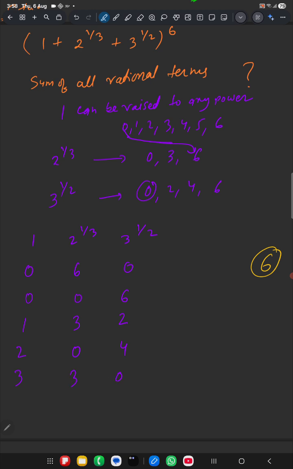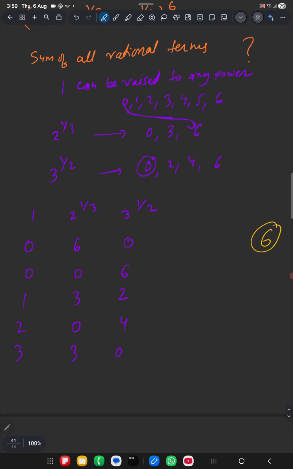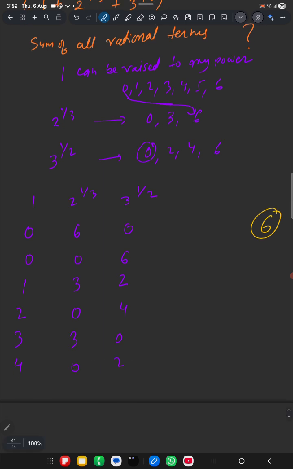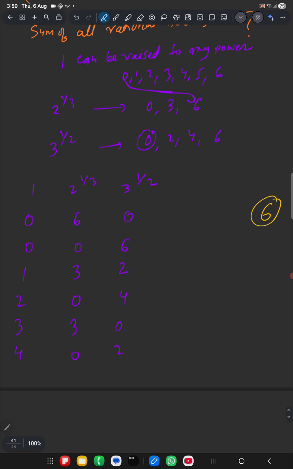Any other combination possible with 3? No. So come to the 4. When you give 4, this will be 0, this will be 2. So 0 and 2. This way you will get 6. Any other combination is not possible.